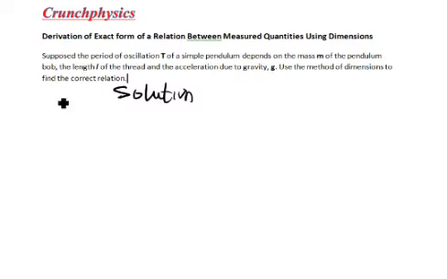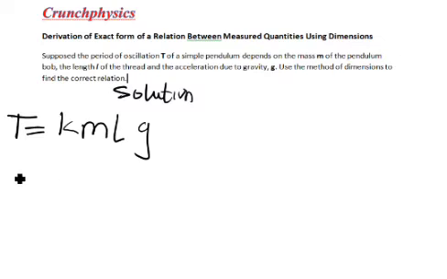We have that the period T equals, let's assume there is a constant k, times m, l and g. Now for dimensions, we need to know what these quantities are, so let's start with m.